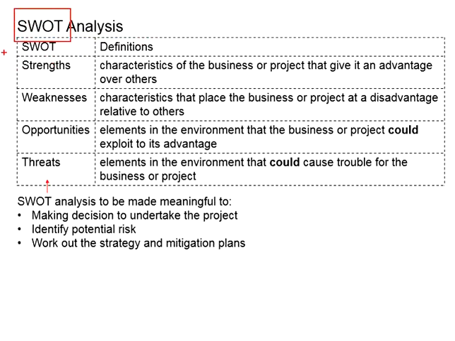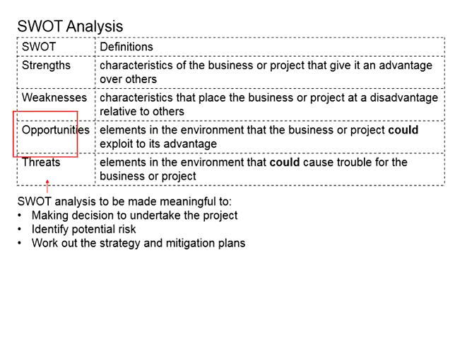SWOT stands for strengths, weaknesses, opportunities, and threats. The strength represents the characteristic of the project that gives it an advantage over the others. The weakness is the opposite of the strength, which is the characteristic that places the business or project at a disadvantage relative to the others.